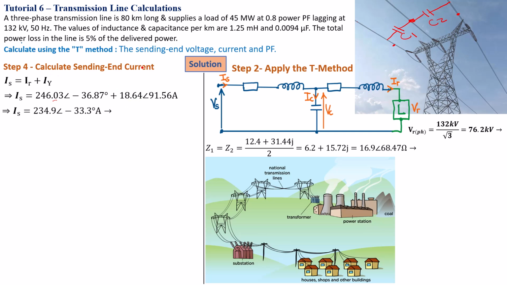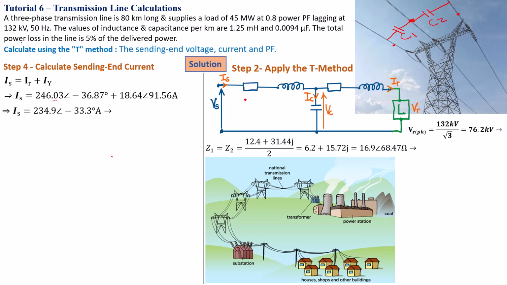Adding these two currents, we get a current of 234.9 with an angle of negative 33.3 degree amp. We're getting closer to calculating the voltage at the sending end.